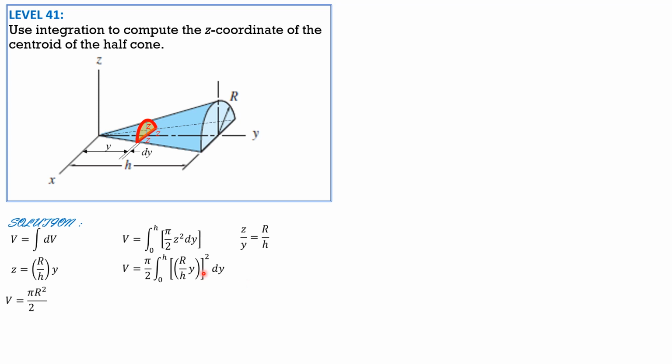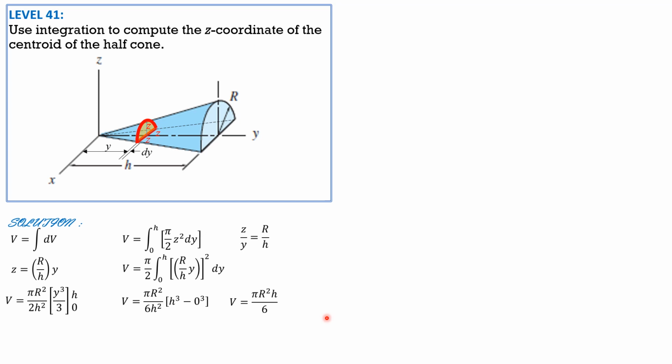Then the integral of y squared dy is y cubed over 3 from 0 to h. So volume is pi r squared over 6h squared, quantity h cubed minus 0 cubed. So the volume is pi r squared h over 6.